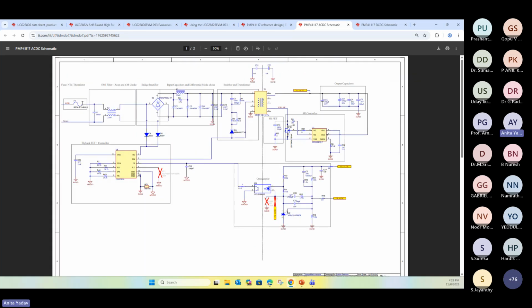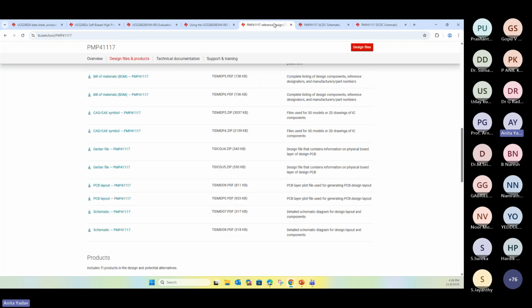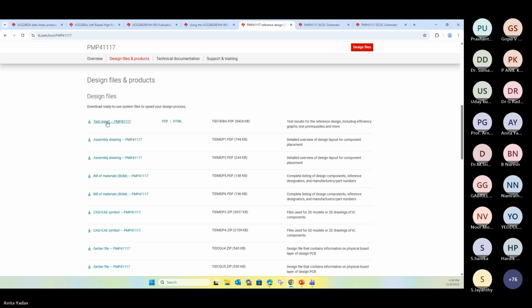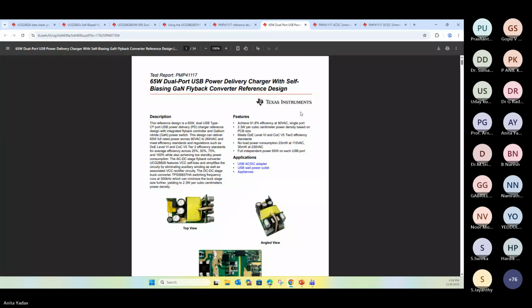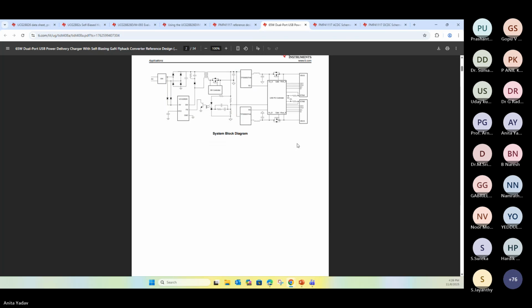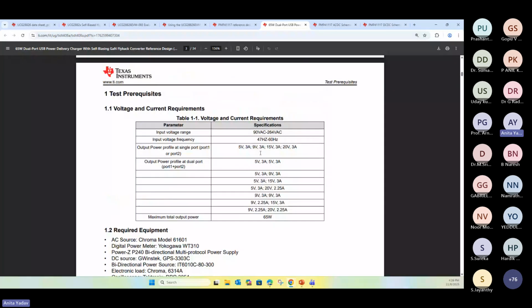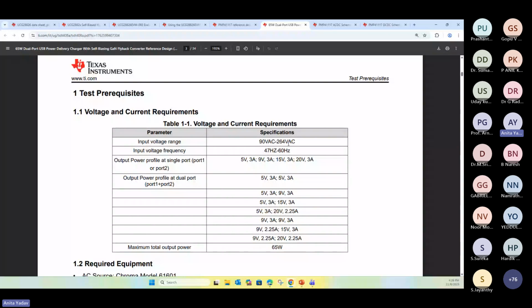Then we go through its test report. What are the specs defined for this one? So these are the specs. This design has been made for 90 volt AC to 264 volt AC input voltage range, and line frequency from 47 hertz to 60 hertz, which means it's compatible all over the world.